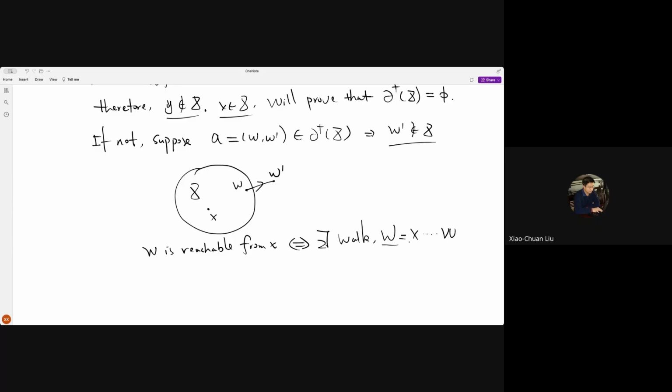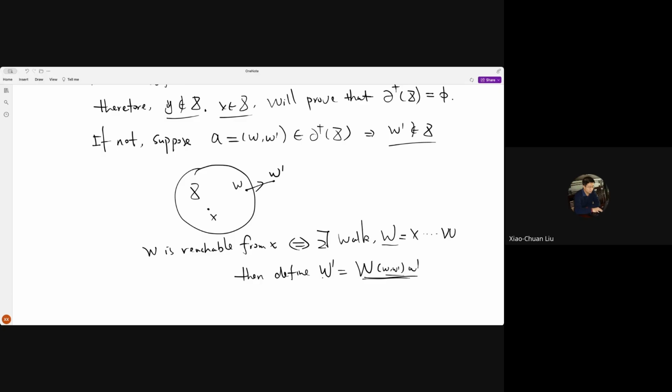You go from x to w, and then we define W prime by adding this arc w prime at the end.